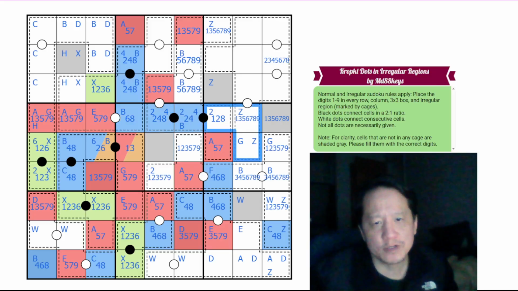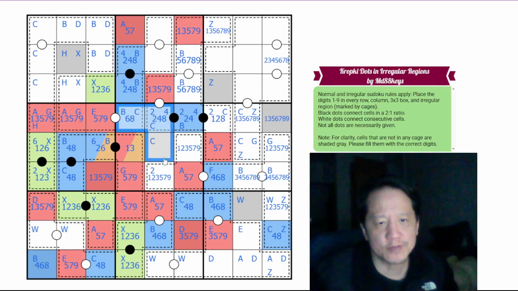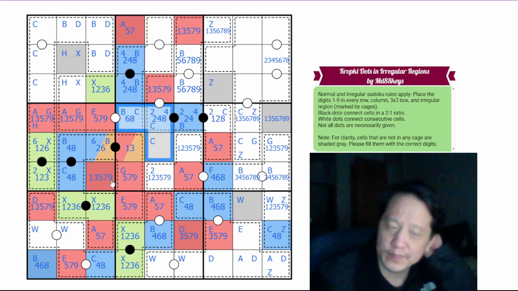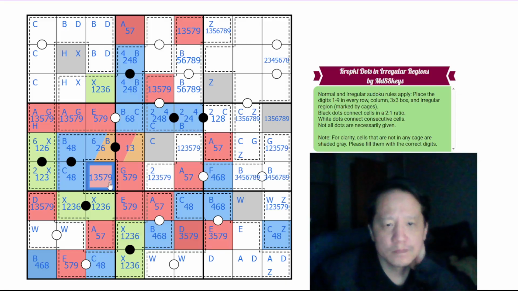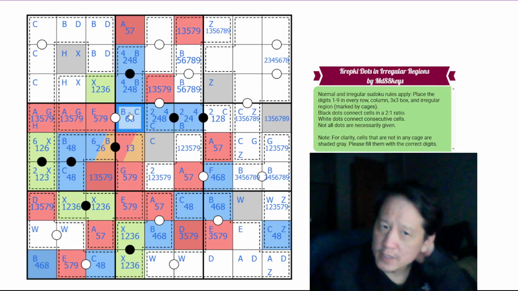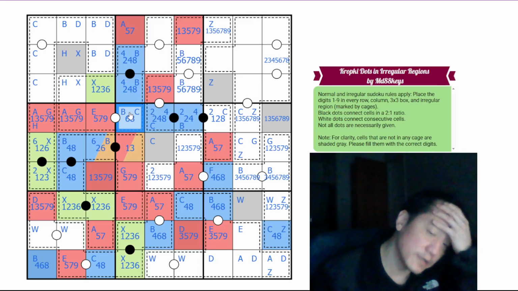So C is one of these three here. It's also one of these three here. So this could be E and C are both consecutive.